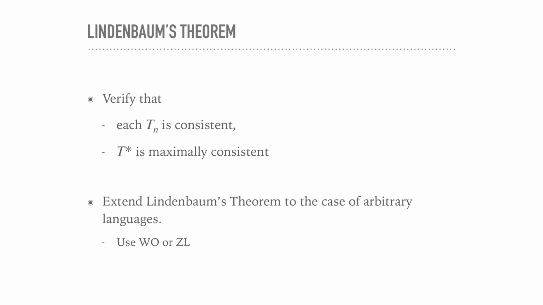It is not too hard to verify that each T n is consistent. For that, as before, the crucial part is that a theory T proves sentence sigma if and only if adjoining the negation of sigma to T makes that theory inconsistent.